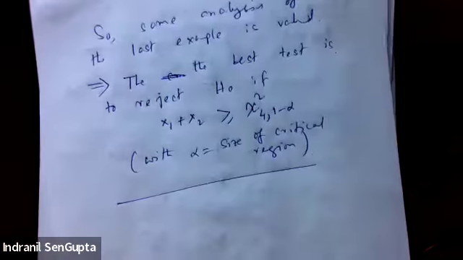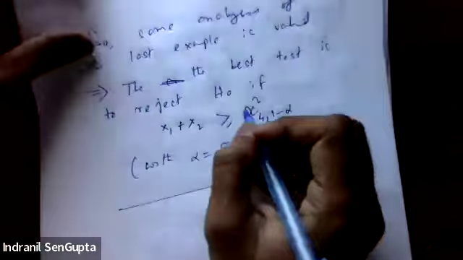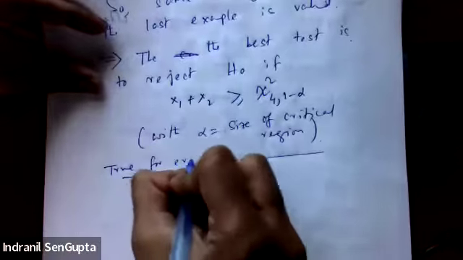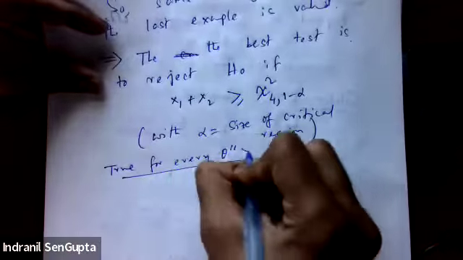So we get this for every possible theta bigger than 2. Okay? So true for every theta double prime bigger than 2.